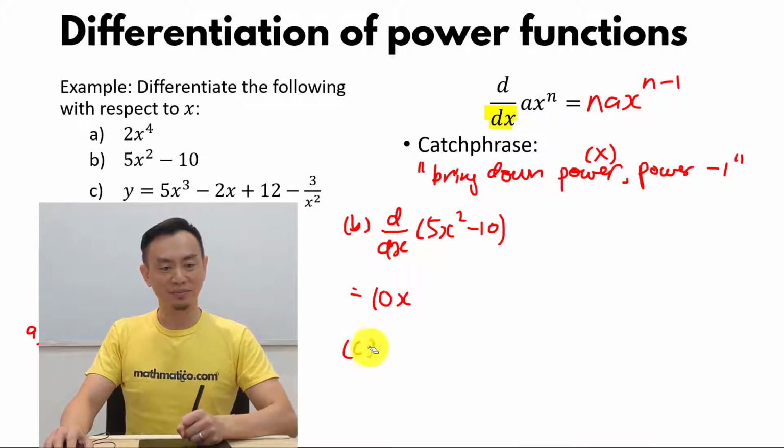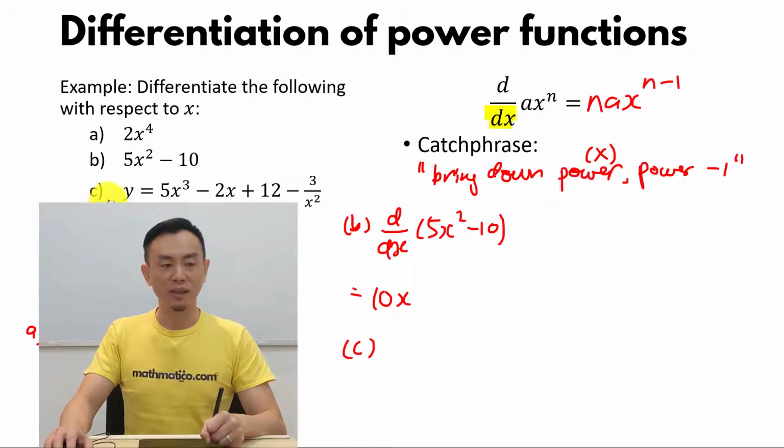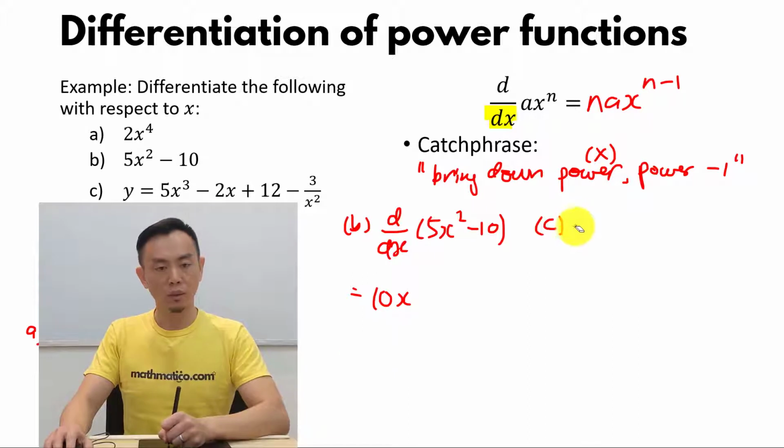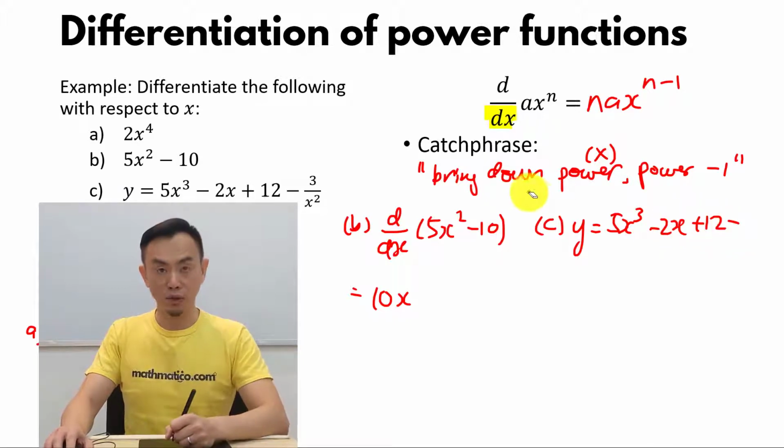Part C. Now in part C, what's given to us is slightly different. We have y equals, so it is an equation. We have y equals 5x cubed minus 2x plus 12 minus 3 over x squared.